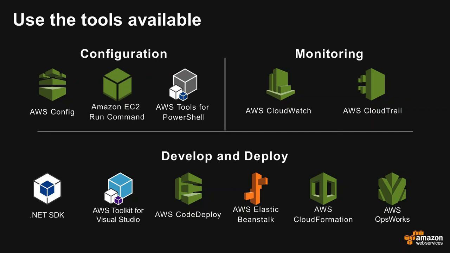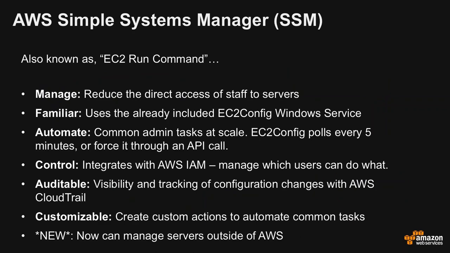AWS CloudFormation for immutable, repeatable infrastructure deployments, and AWS OpsWorks as well. So you can see available to you is a very rich suite of tools and capability to deploy your Microsoft and Windows-based workloads. I did say I would touch on the EC2 run command.